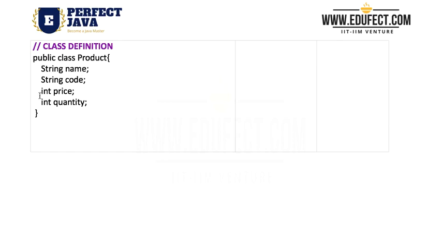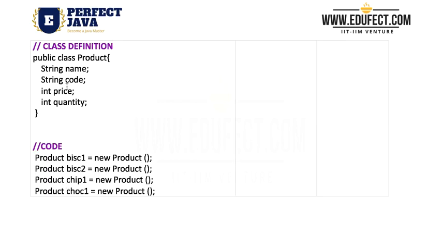So these are the four properties or fields of this class product. Now, suppose this shopping mall has two kinds of biscuits. It will create two products and we have called them biscuit 1 and biscuit 2. It also carried one type of chip and one type of chocolate. So we created four objects of this class product for this shopping mall.